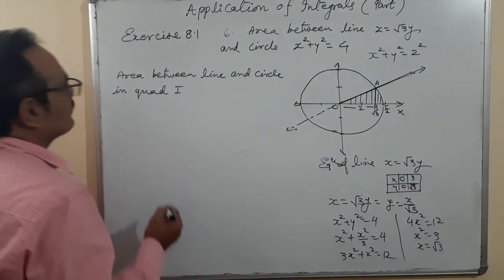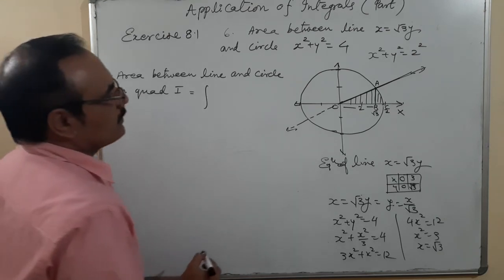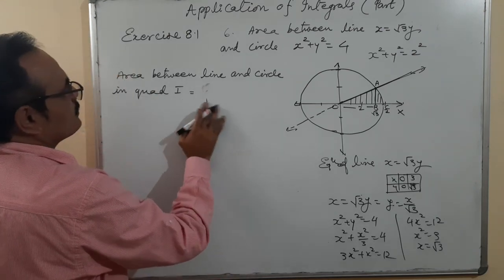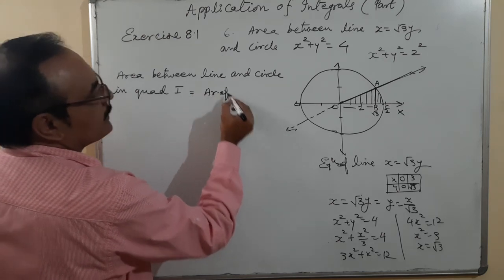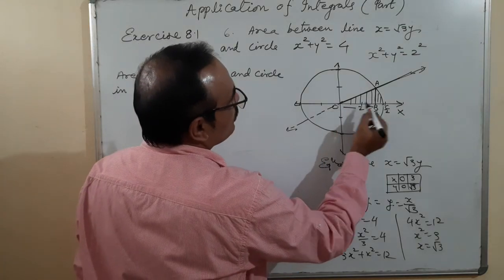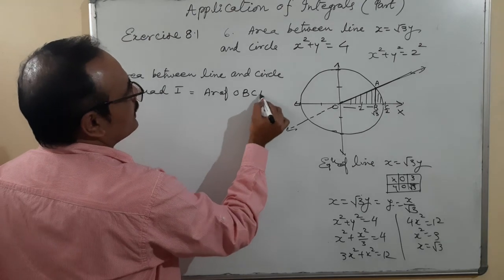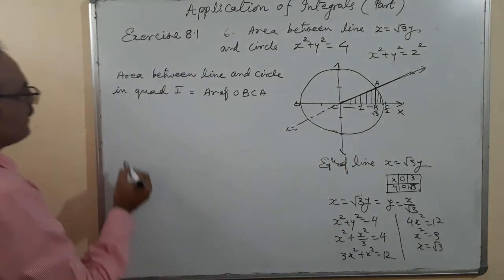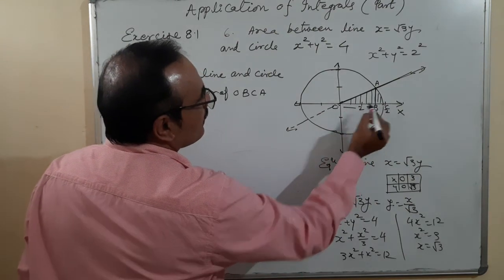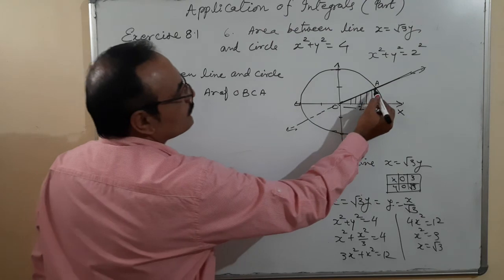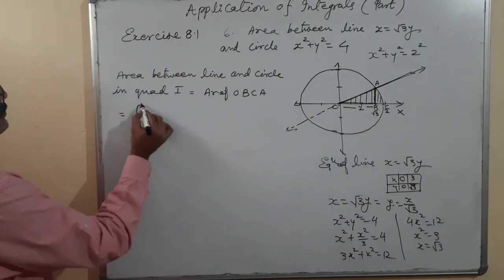So the area in quadrant 1 is equal to the area of OBCA. That means the area of this portion from here to here. The limits are 0 to root 3.